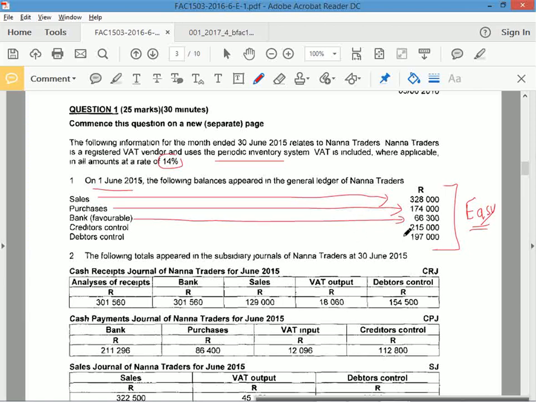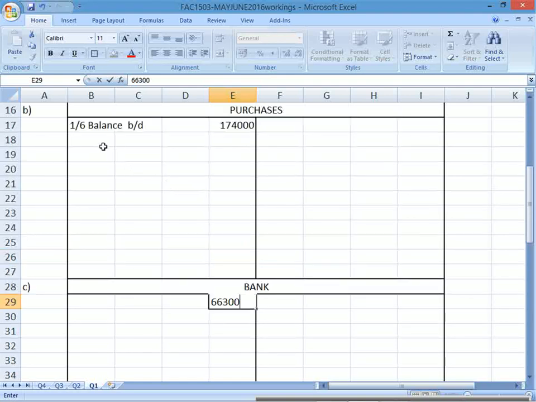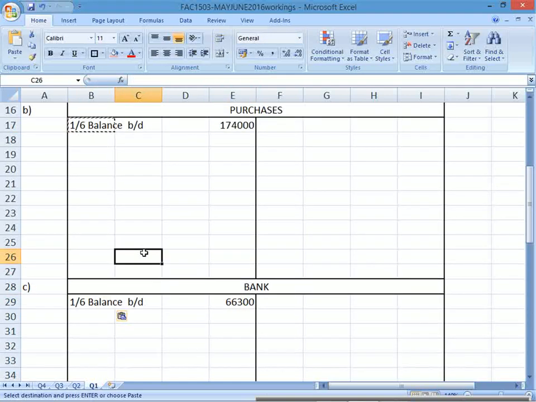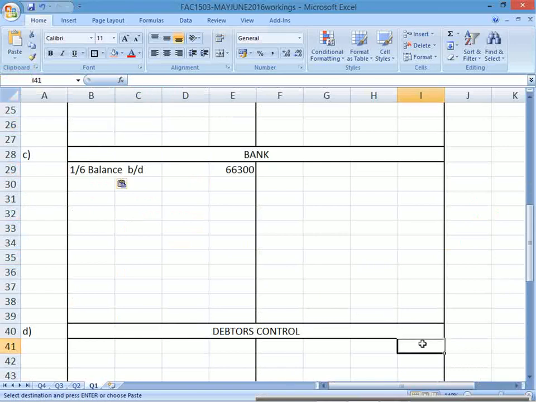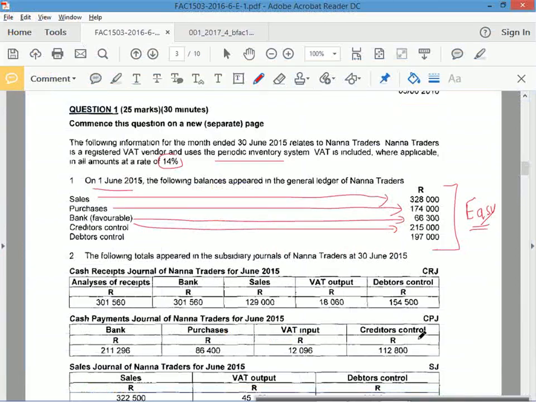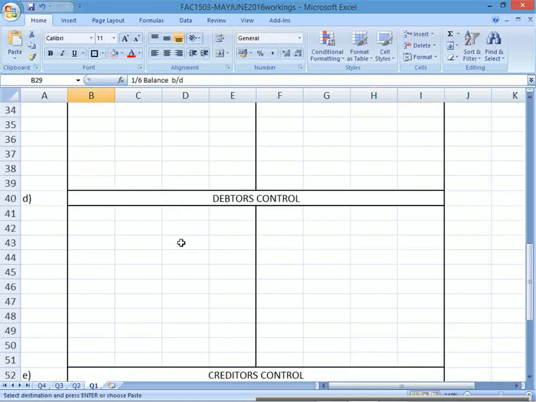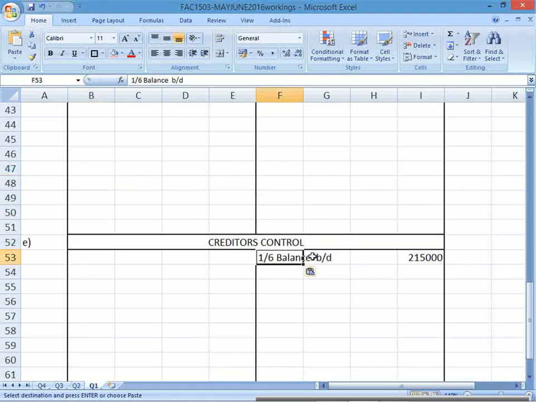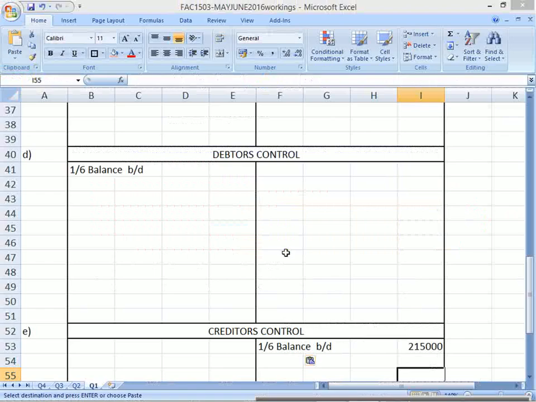It'll have a debit balance, 66300. Creditors control is a liability. Liabilities have credit balances, 215. Debtors control, 197.